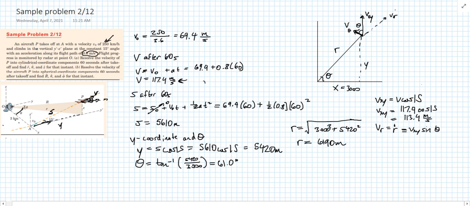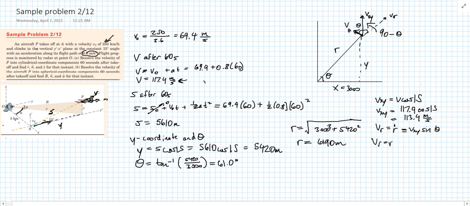So if we want to find this guy, we need to, this is also theta. I forgot, I neglected to mention that. No, it can't be. That's not theta. This is going to be 90 minus theta, right? This angle right here. So I could say the cosine of 90 minus theta, or I could just say the sine of theta, which is what I did here.